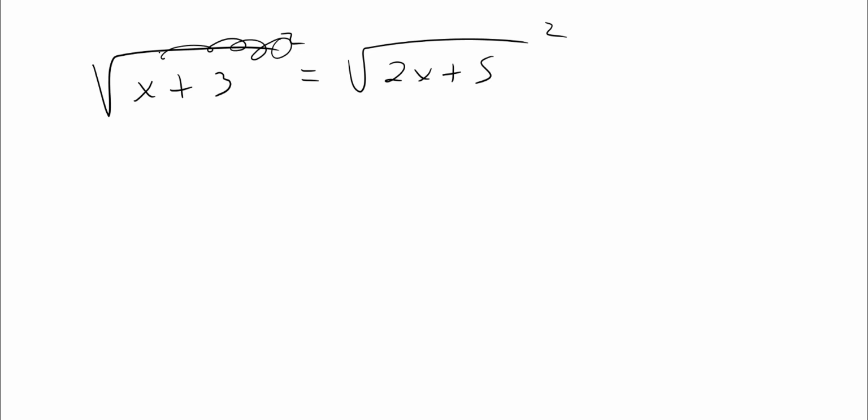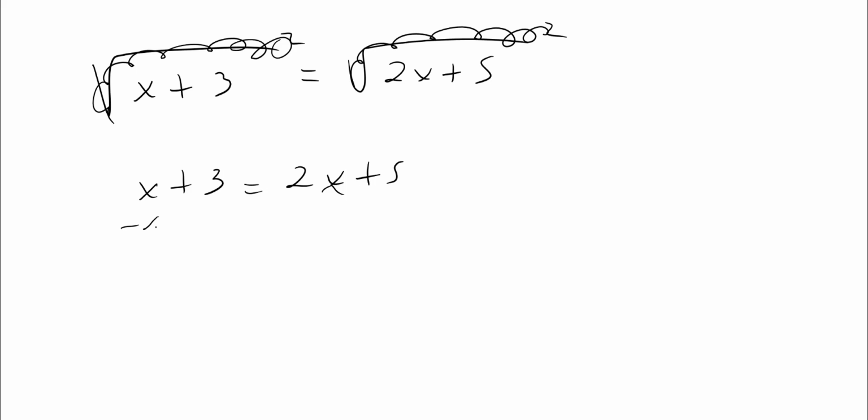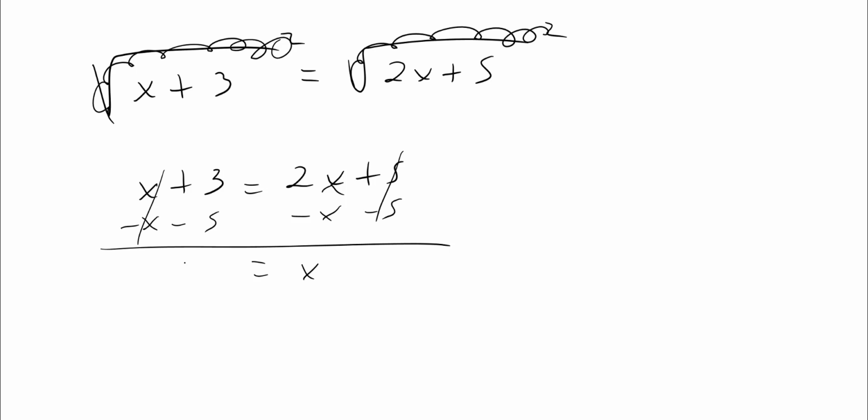And so the square root goes away on both sides. And we solve for x. So I'm going to subtract x, put that over here, and I'm going to subtract 5. So this cancels out, and I get x on this side, and this cancels out, and I get negative 2. So x equals negative 2.